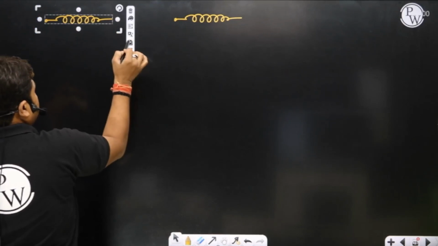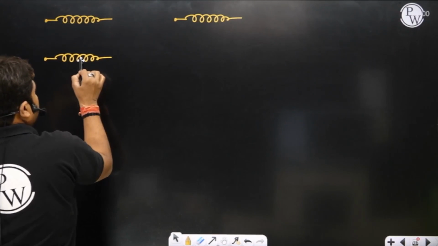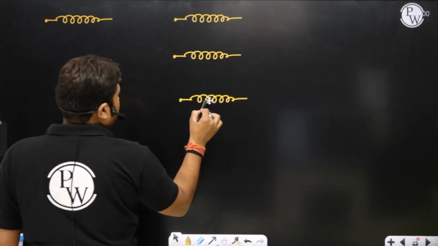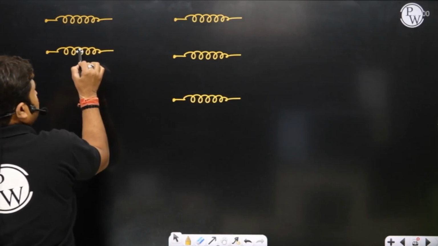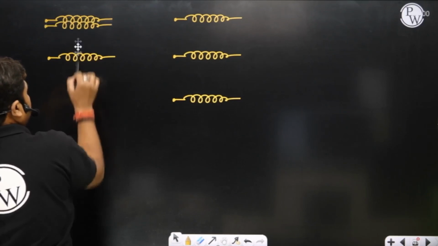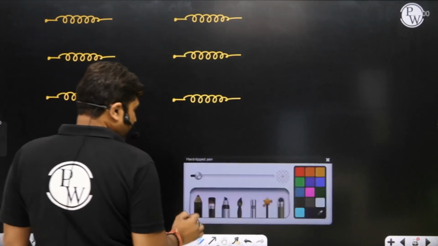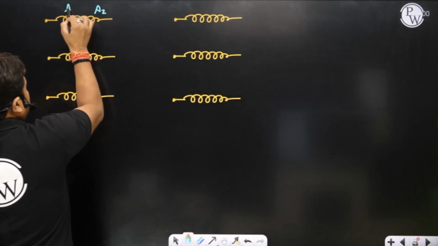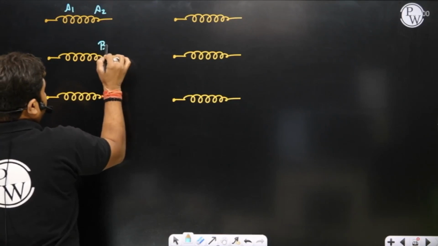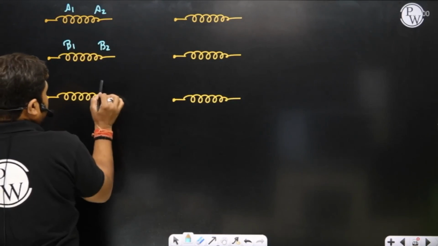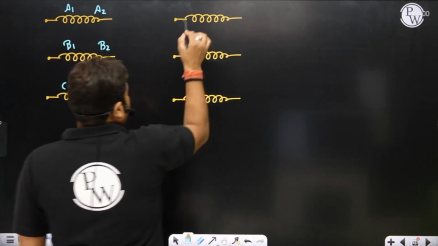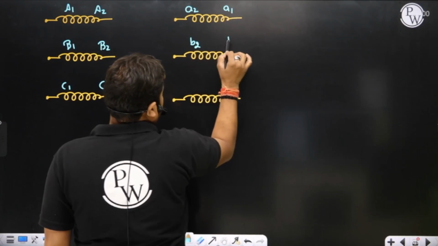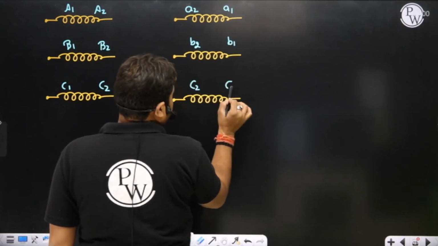This is transformer A. Now I'm going to show you transformer B and transformer C. So HV and LV side of transformer A, HV and LV side of transformer B, and HV and LV side of transformer C. So we have A2 A1, B2 B1 and C2 C1. We have small a2 a1, small b2 b1 and small c2 c1.